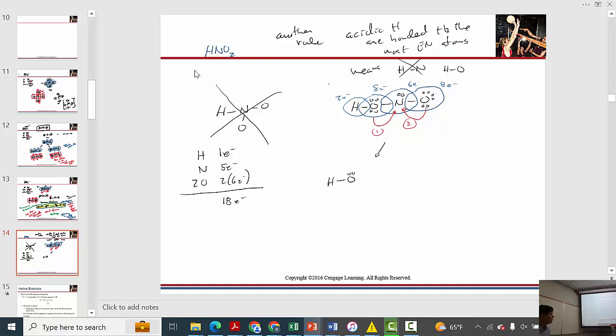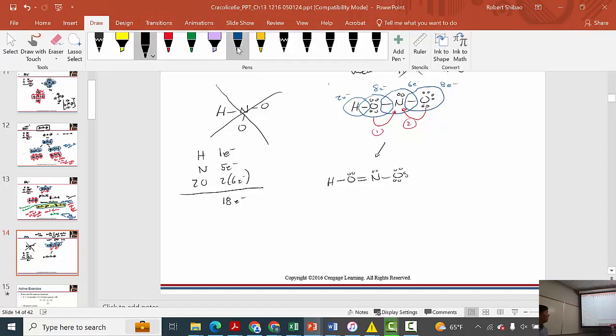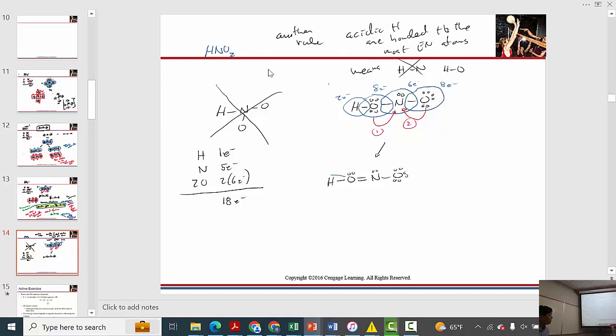And so one of the lone pairs gets converted into a bond. And now let's check the octet rule here. Hydrogen still has a duet, that's good. Oxygen has an octet. And so even though this oxygen donated, it still has an octet.